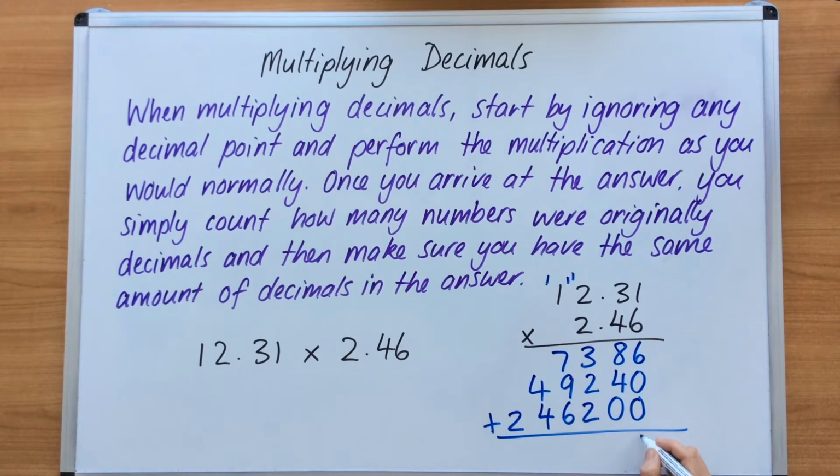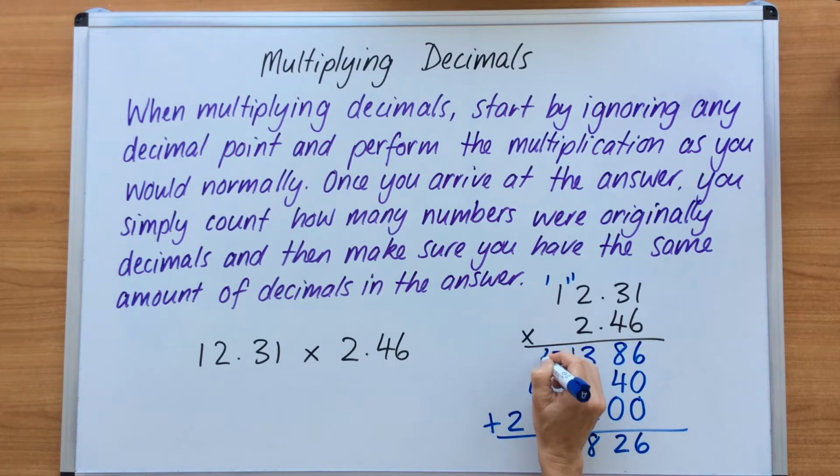6 in the zeros is 6, 8 plus 4 is 12, carry the 1, 1 plus 3 plus 2 plus 2 is 8, 7 plus 9 plus 6 is 22, carry the 2, and I go 2 plus 4 plus 4 is 10, carry the 1, and 1 and 2 equals 3.